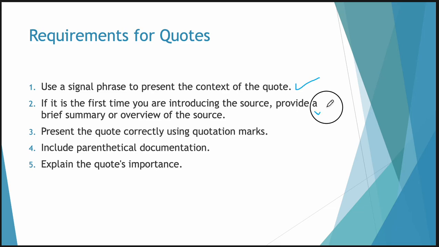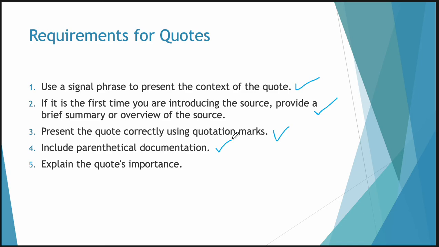If it's the first time that you are using a quote or introducing a source, you're going to use a brief summary or overview of the entire source in order to give context. It's really important to give context because context allows your reader to understand how the quote fits into the bigger picture.